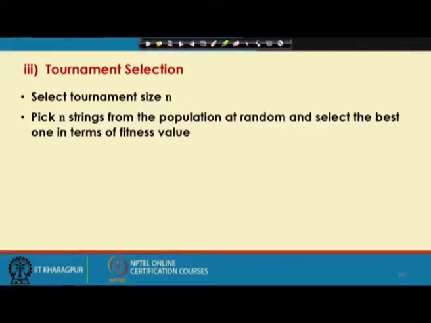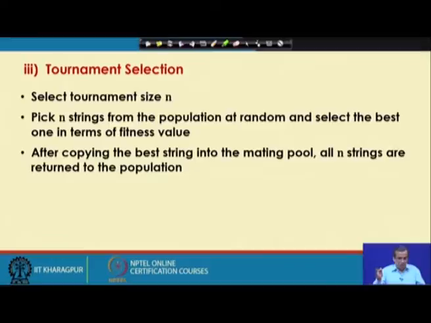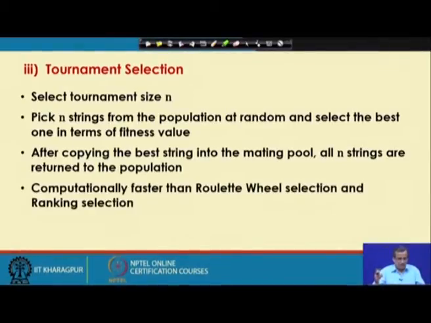So, that I will copy in the mating pool, but all 3 solutions should be returned to the initial population, and this tournament I will have to play capital N times, and each time I select a particular solution.